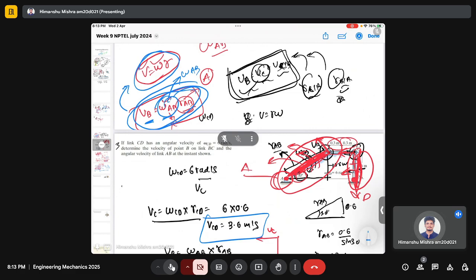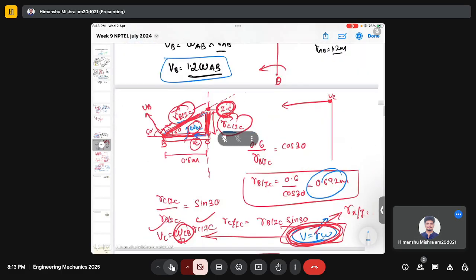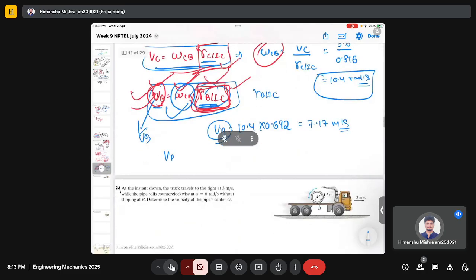So when we don't use the instantaneous center, you will have this relation, VB equals omega AB times RAB. Before, we didn't know VB or omega AB, so it was very difficult to use this relation. Now we have calculated VB, so we can calculate omega AB. It's simple logic.